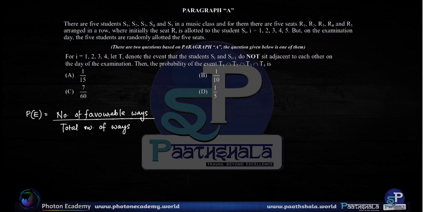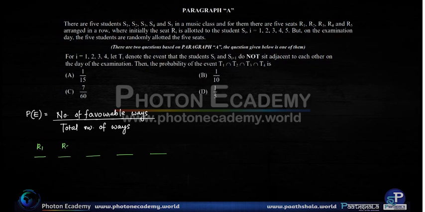According to the question, the 5 students are randomly allotted the 5 seats in the examination. So if there are 5 seats, we represent them as R1, R2, R3, R4, R5. For the first seat, any one of the 5 students can be seated, so it has 5 choices.